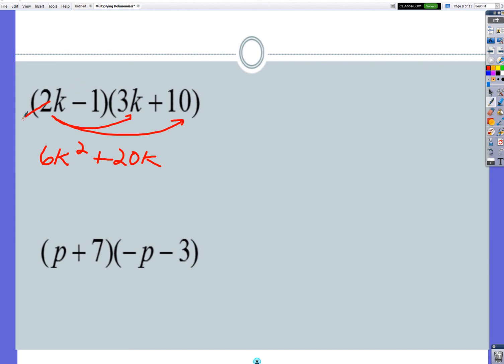I am now done with the 2k. So now what am I going to distribute next? -1. -1 times 3k is -3k. -1 times 10 is -10. Any questions so far?